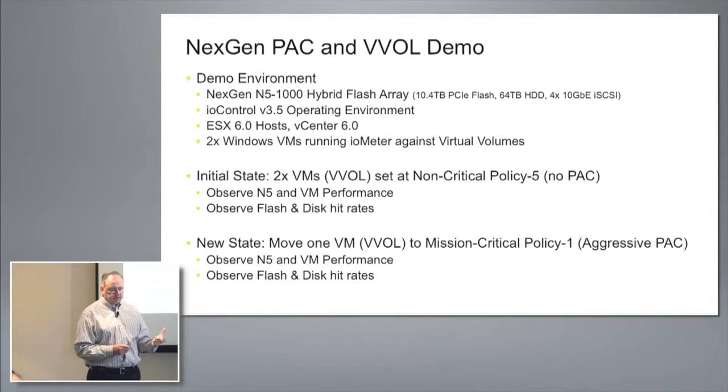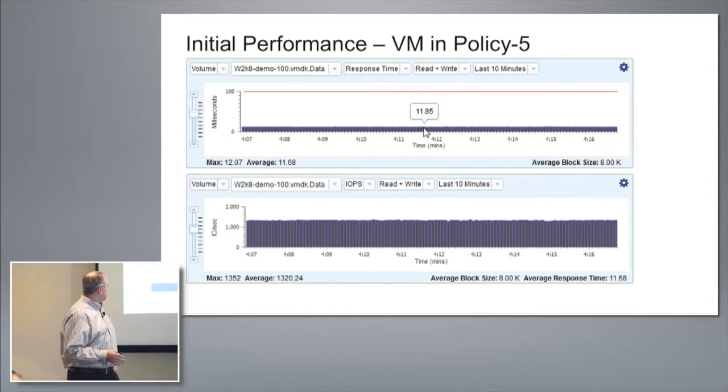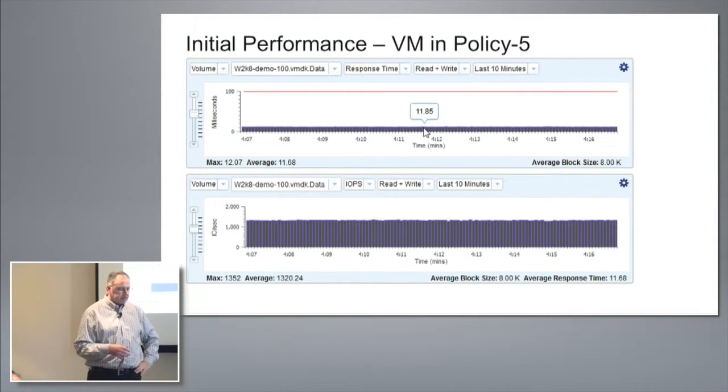We have two Windows VMs running IOmeter, and the initial state is that those 2 virtual machines are in non-critical, so they're not getting any prioritization for caching. Then we migrate one of those to policy 1, so it gets the most aggressive active cache. The metrics here show about 11 milliseconds of latency, so disk-based performance.